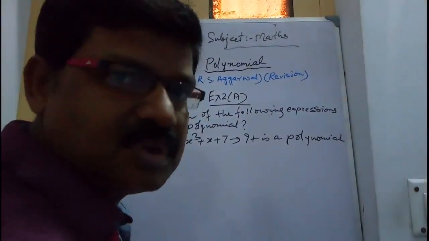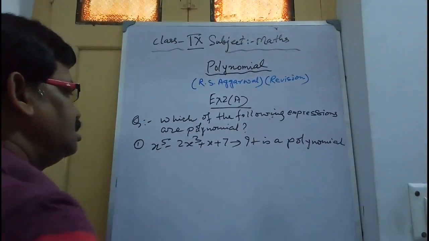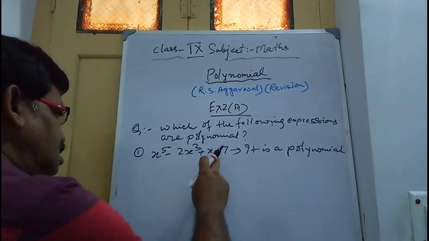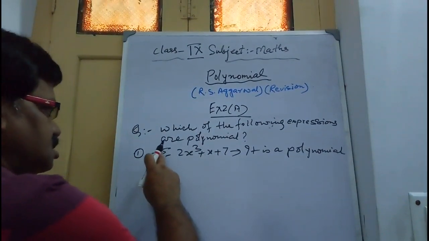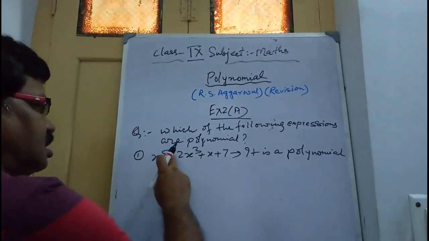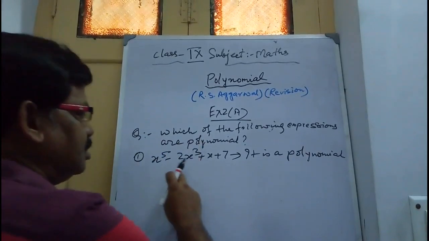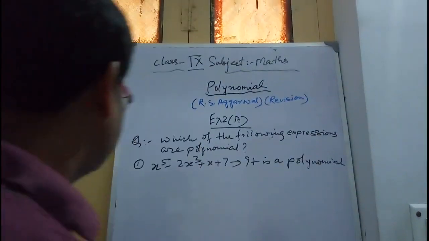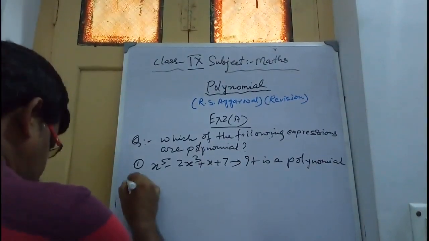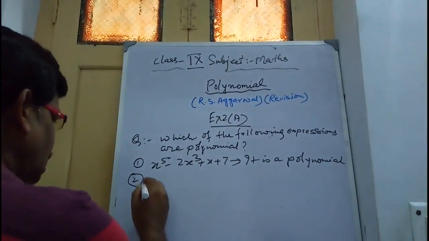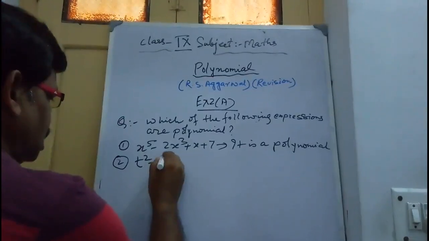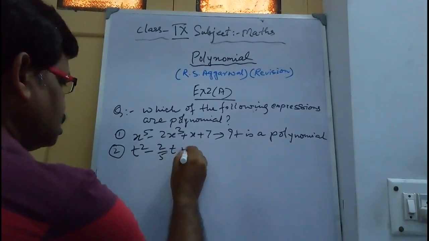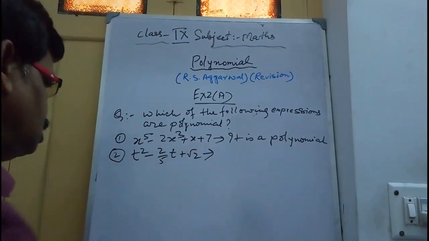This one is also a positive one. 3. This one is also positive. So as this expression contains non-negative integral powers, therefore this expression is known as a polynomial. 2: t square plus 2 by 5t plus root 2.